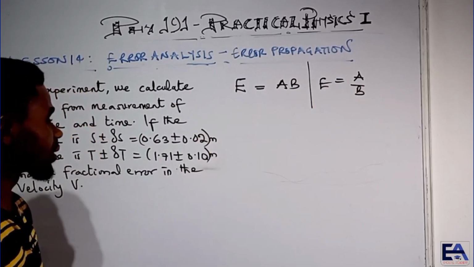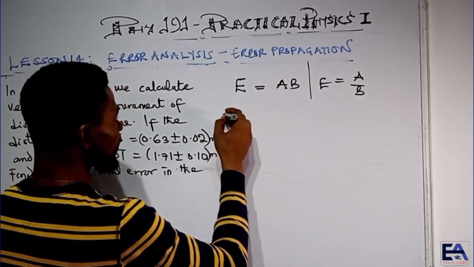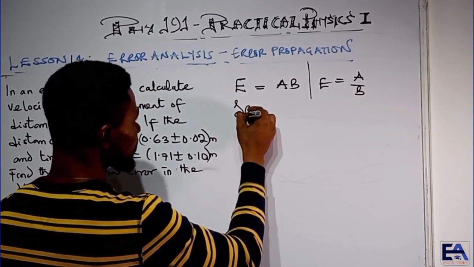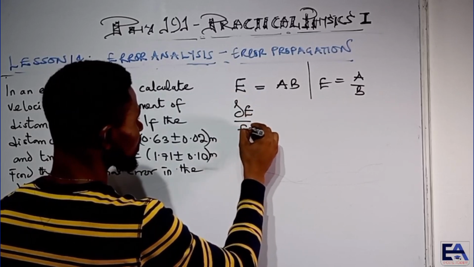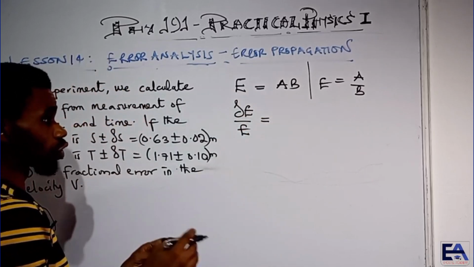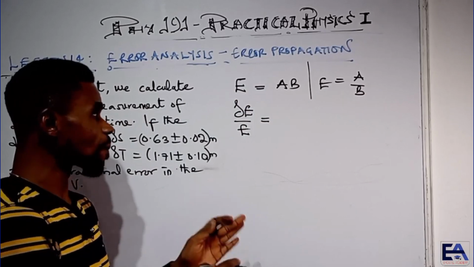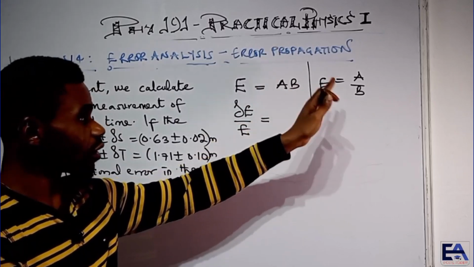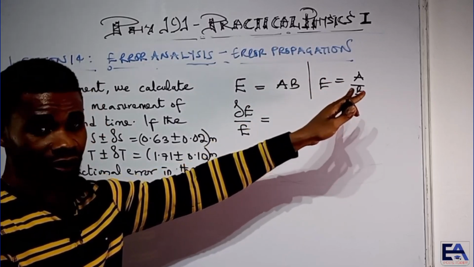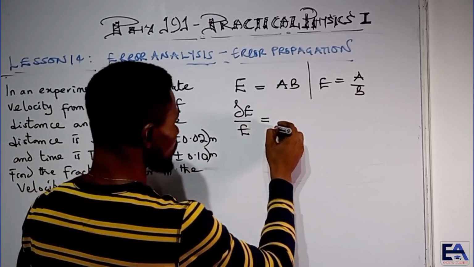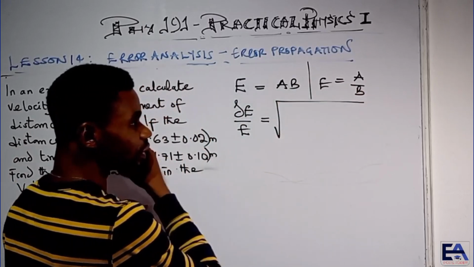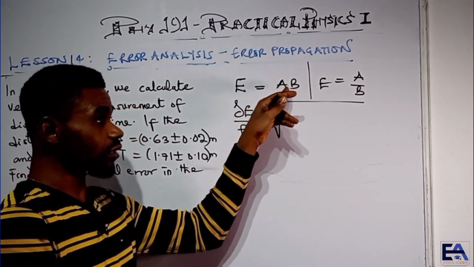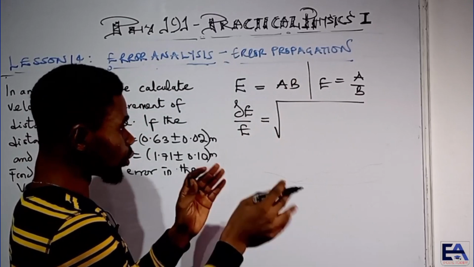The law states that the fractional error in E, delta E over E, is equal to the sum of the squares of the fractional error in the product or the quotient. So we are going to have the sum of each factor present in the product or the quotient.